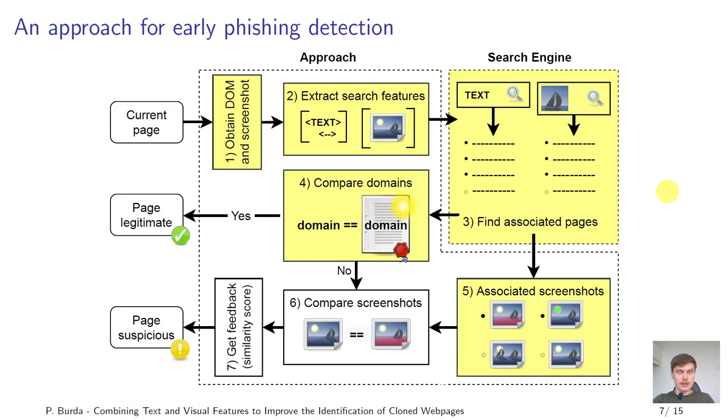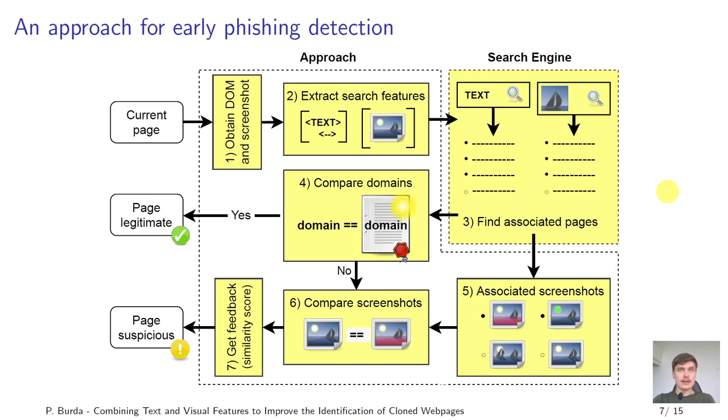And if that domain matches, we can deem the page as legitimate because, for example, it's in the SSL certificate of that page. Otherwise, if the page is still unknown, we retrieve the screenshots of the associated pages. And then, in order to see if that unknown page is trying to mimic one of the associated pages, we can try to compare the screenshots of the two.